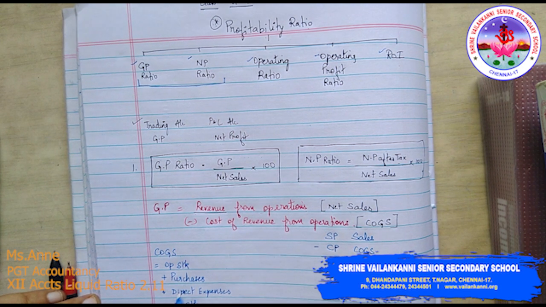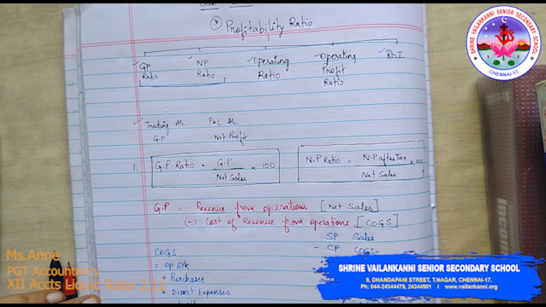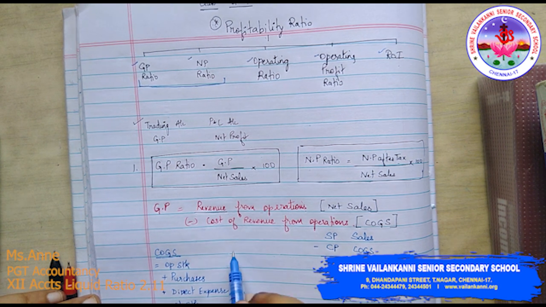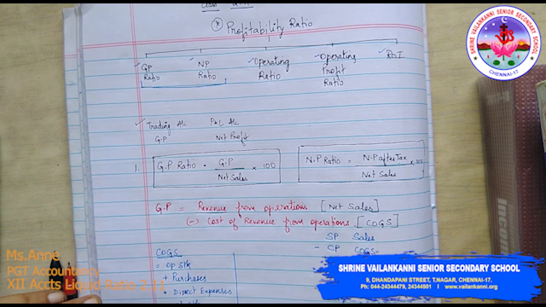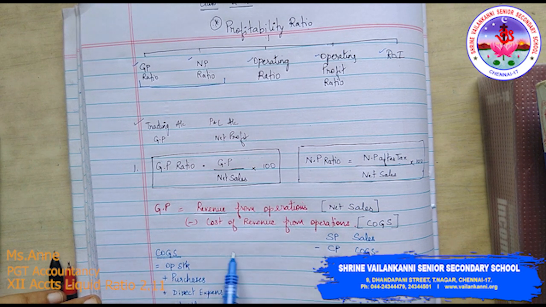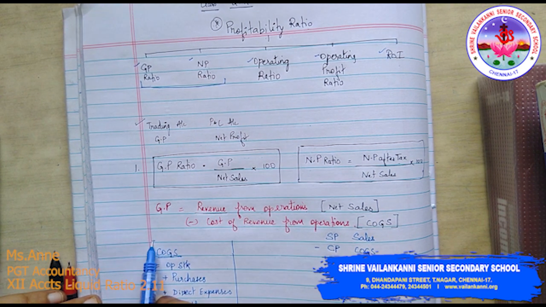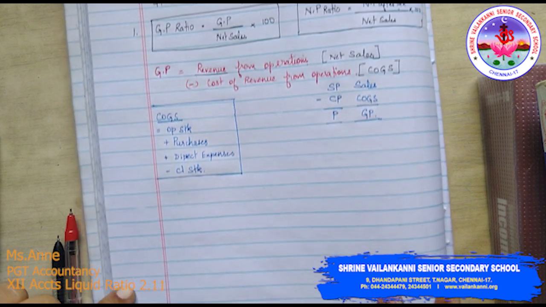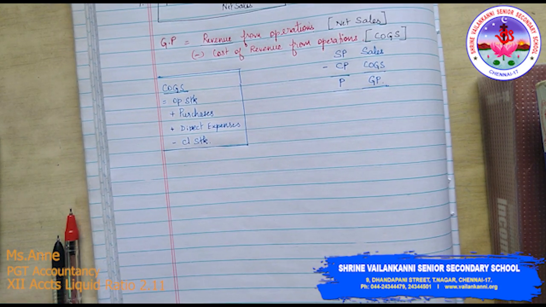Opening stock plus purchases plus direct expenses minus closing stock will give you cost of goods sold. But we are not going to mug up this formula. We are going to understand how we get cost of goods sold, for which you need to understand. I will write down some problems so that you can understand this concept.